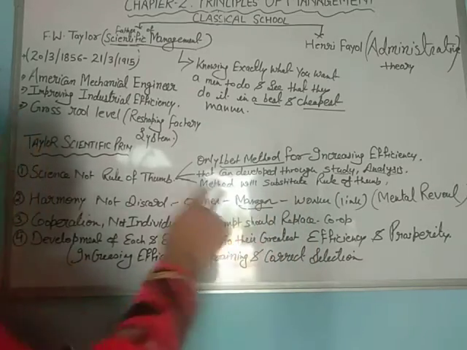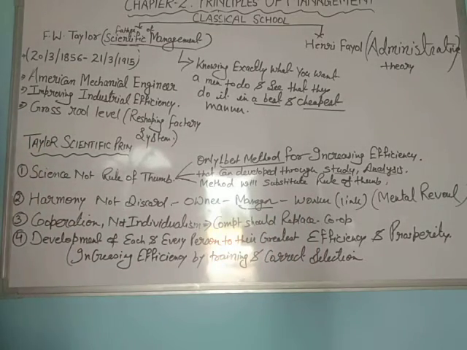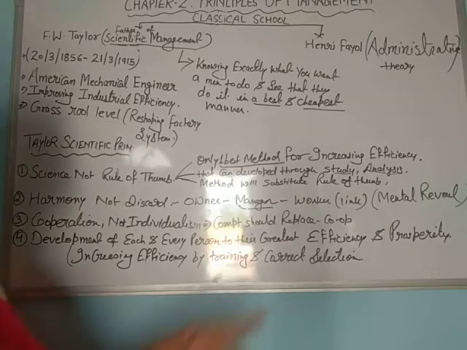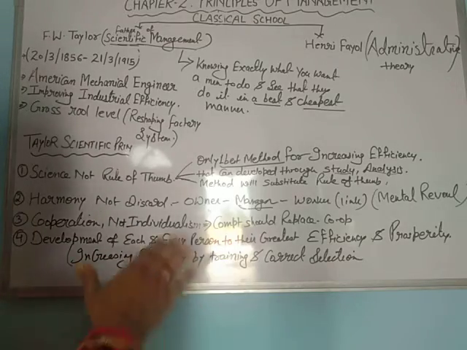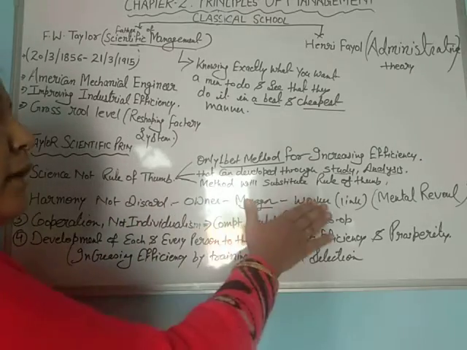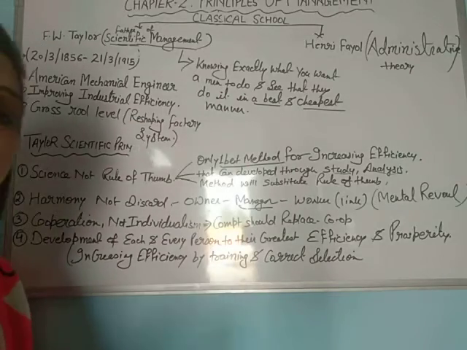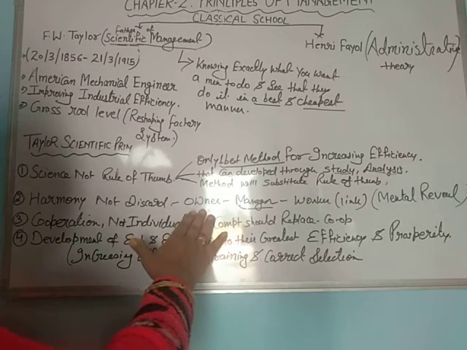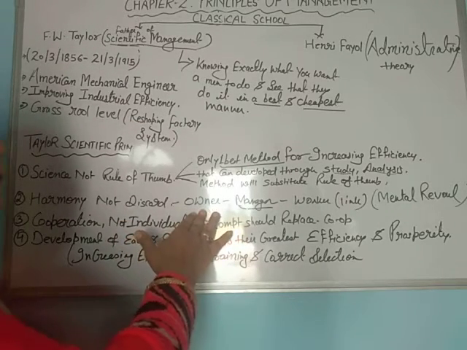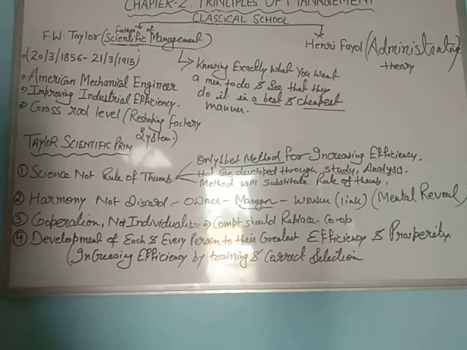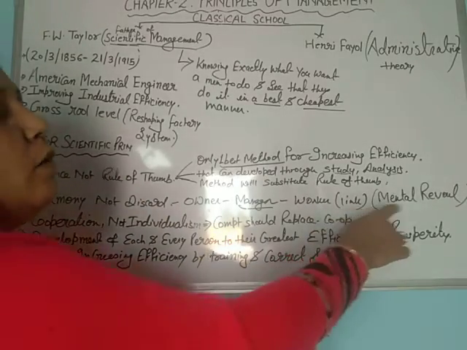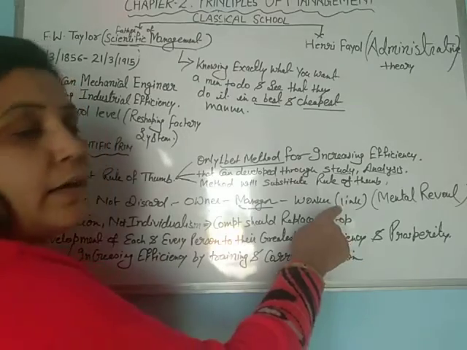So here a manager plays a very important role, because his job is not only to take work from the worker, his job is also to maintain a good environment where they all can work in a proper, coordinated manner, so that the common objective can be achieved. And this is only possible when we have a platform or environment of mental revolution inside the organization.